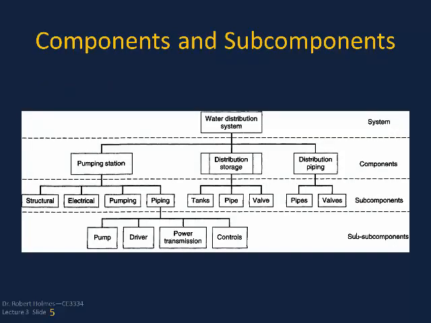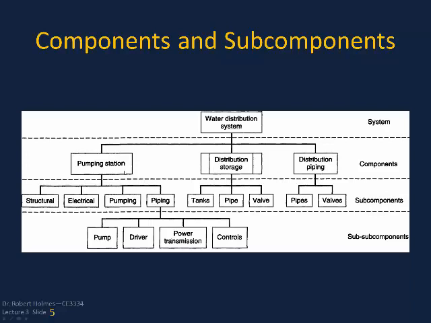As you look at this chart, you can see that the pumping station, the distribution storage, and the distribution piping are the components of the system, and then you have subcomponents off of those components to further get into the details of how things are designed.